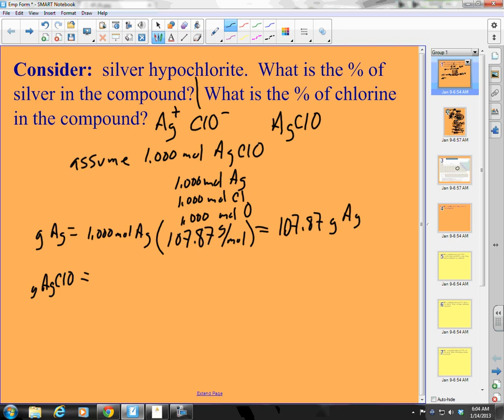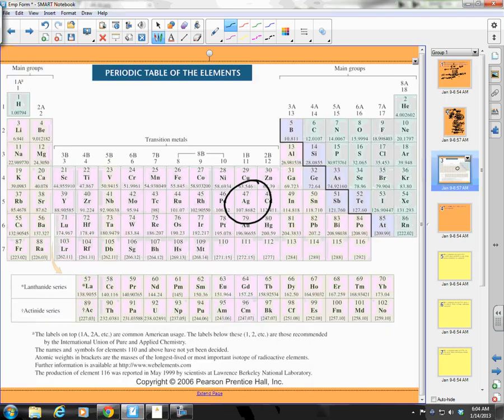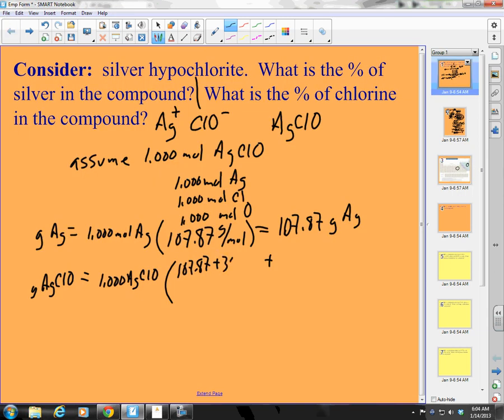Now, how do I get grams of my silver hypochlorite? Well, I'm going to take my 1 mole of silver hypochlorite times what? The molar mass. So I have 107.87 grams per mole plus, what's my molar mass of chlorine? Molar mass of chlorine is 35.45, and 16.00 is the molar mass of oxygen. Good. Let's add those up.